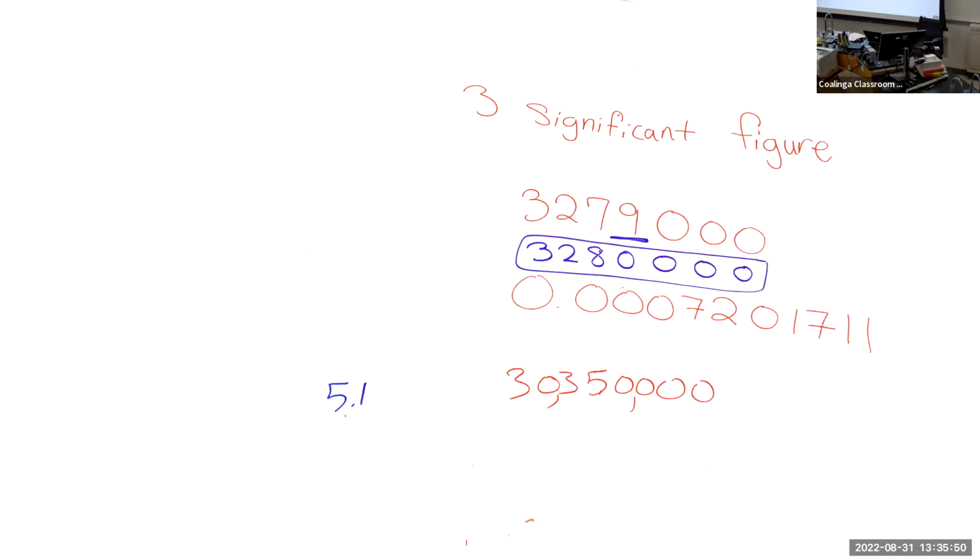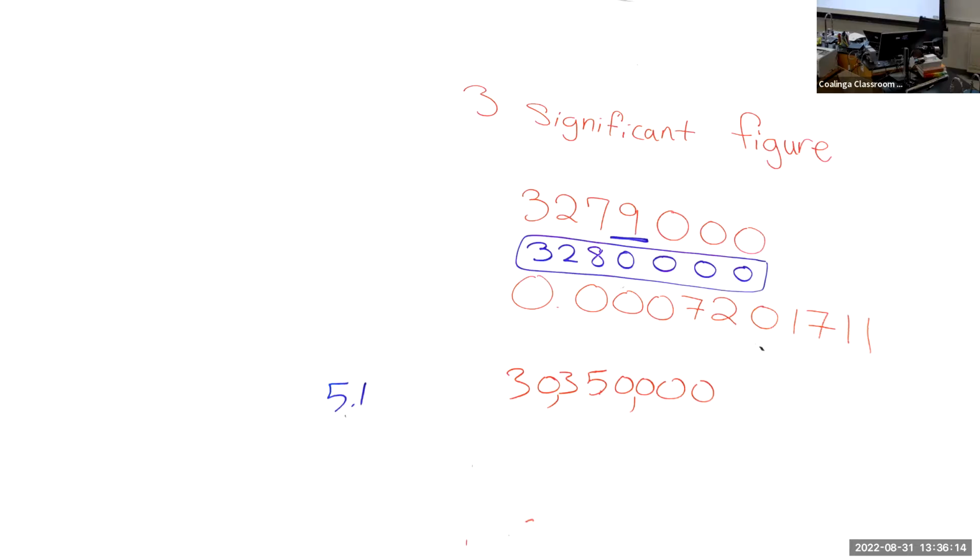So if I'm looking at this number, if I'm counting the number of significant figures, where am I going to go? Who's going to be my determinant? The 2? No. Zero. This 0 is going to be the determiner. So I'm going to look at the 0 and decide whether I'm going to round up.